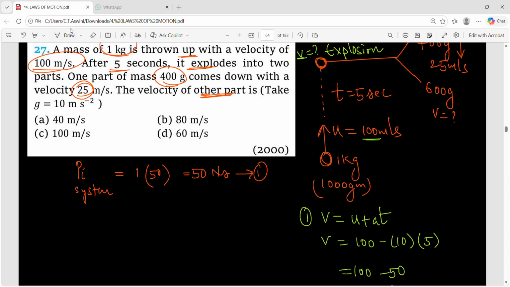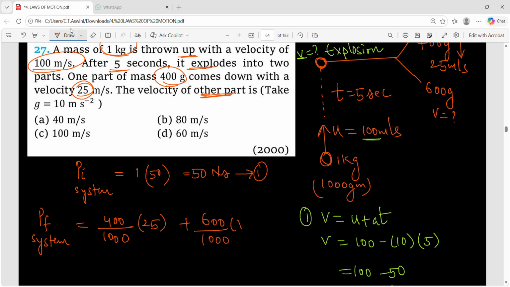What is the final momentum of the system? P final of the system. There are two parts now. So take their summation. First part 400 grams, so 400 by 1000 M into V plus M into V. We don't know this V. And what is the direction of the first part? It is moving downward. So velocity direction is downward, so it will be negative.